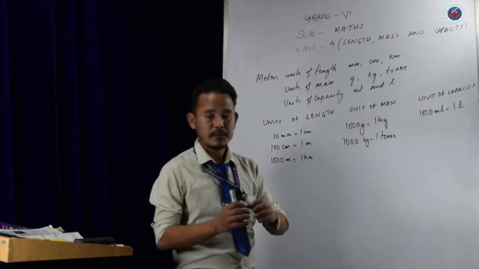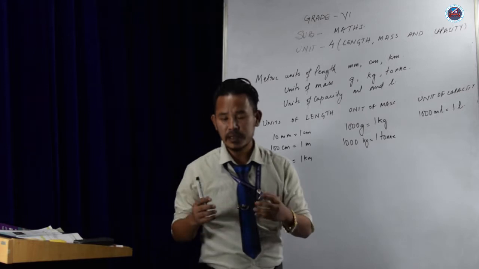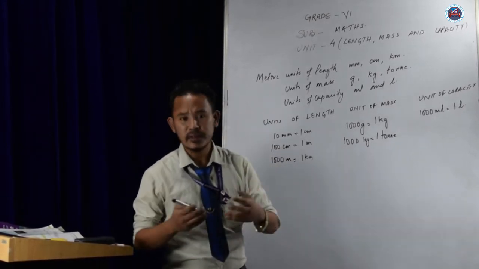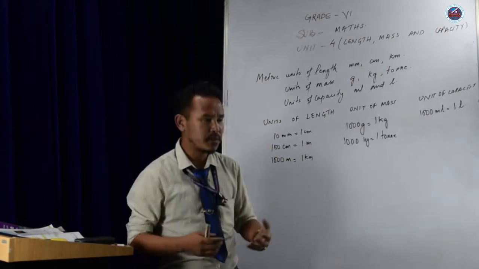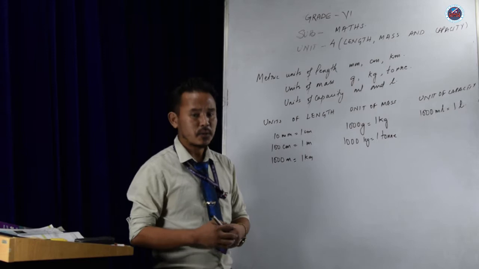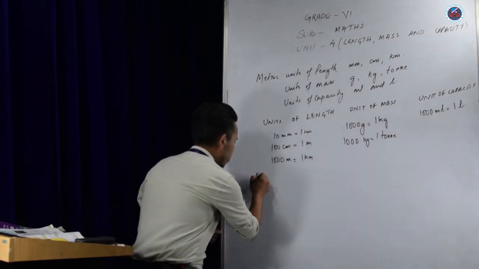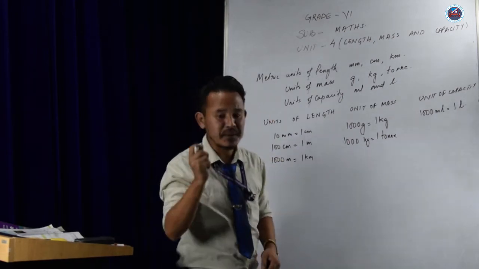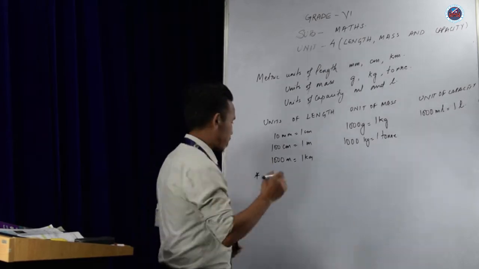But there are two things we have to be very careful about. There are lots of conversions in the chapters, like from meter to centimeter or millimeter. So always remember these two things, which I'll put down here. When converting a smaller unit into a bigger unit, we always divide by the conversion factor.